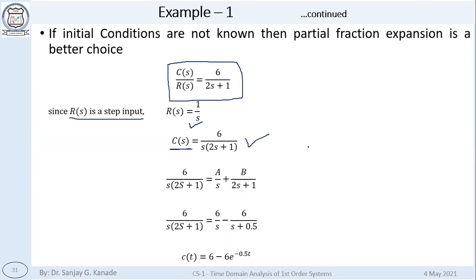Now here again we apply the partial fraction expansion. Once we get the partial fraction expansion of this term, the values of A and B are 6 and minus 6. From these two, we have to take the inverse Laplace transform.